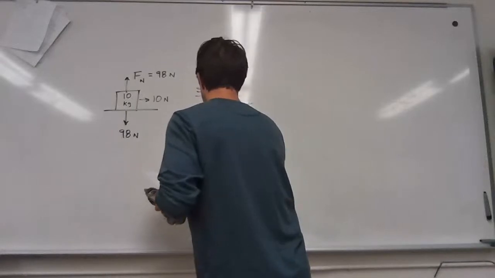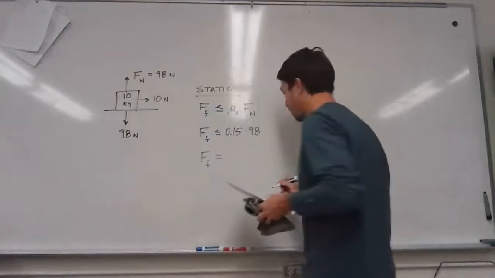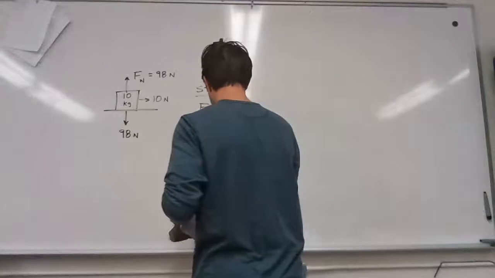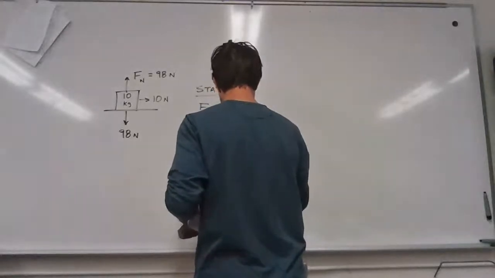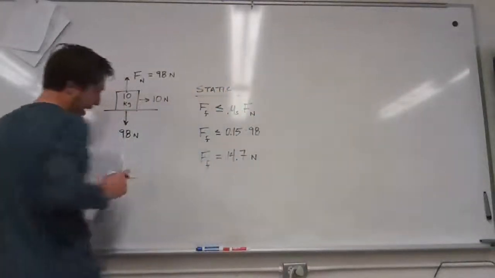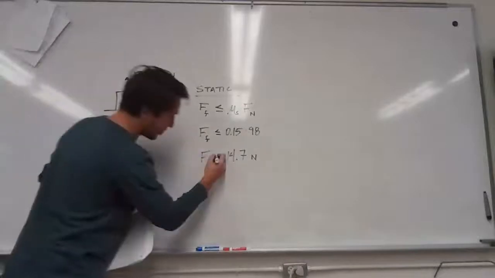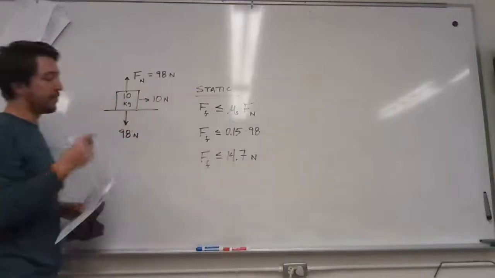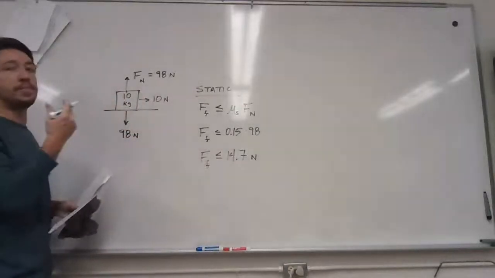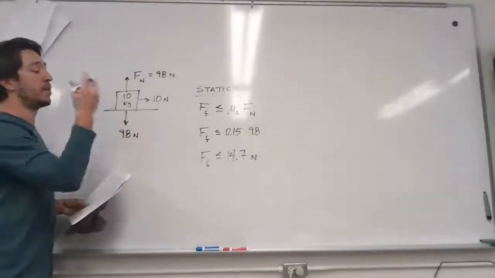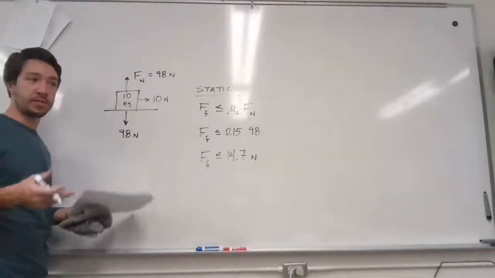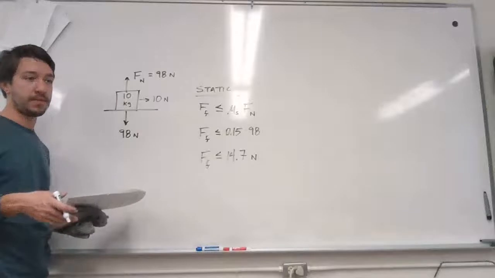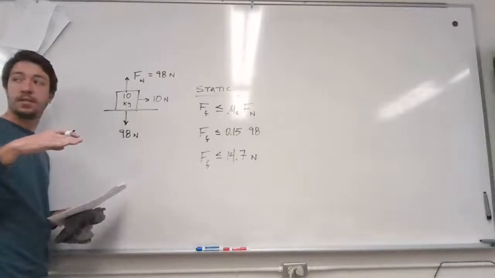What is that going to be? 14.7. So what we see here is that the surface is able to produce up to 14.7 newtons of friction force if the block's not moving. Does everyone understand that?